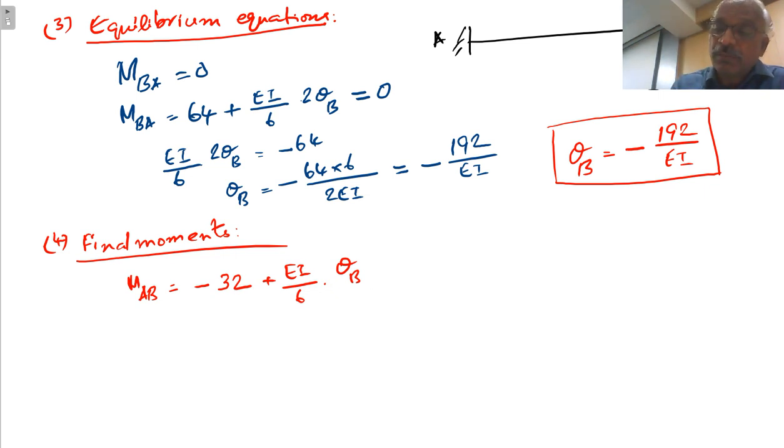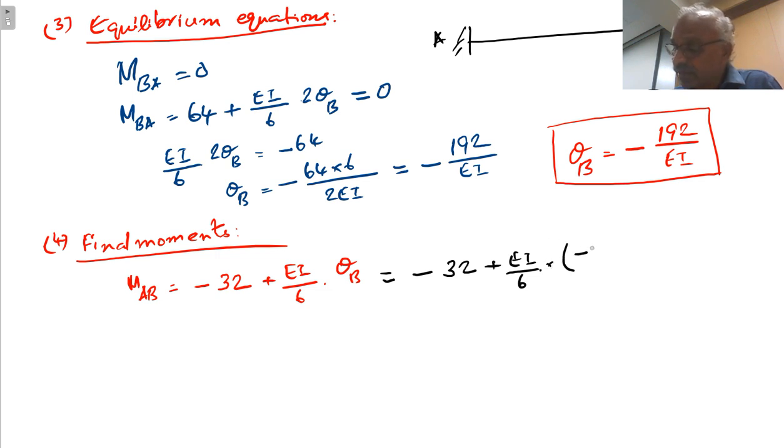Right. Now minus 32 plus EI by 6 into theta B, where theta B equal to minus 192 by EI. On simplification you will find EI gets cancelled.